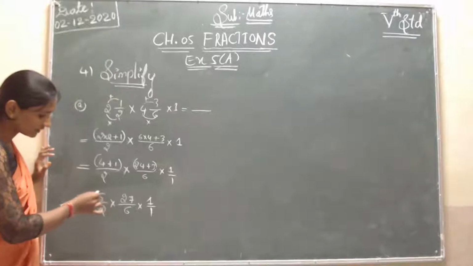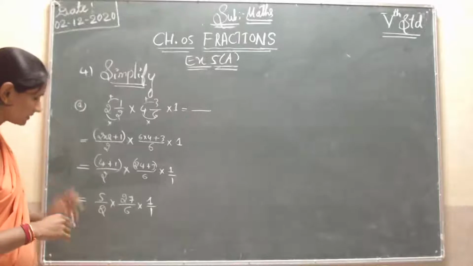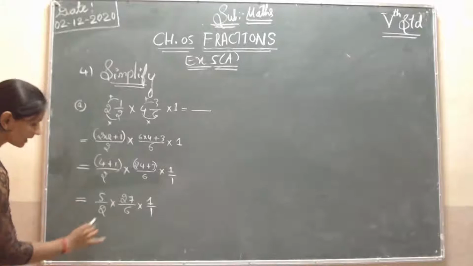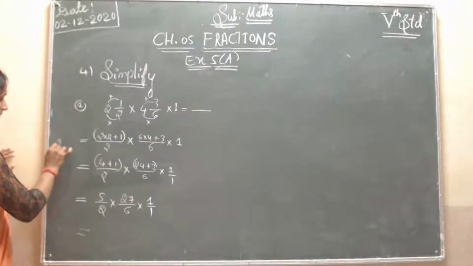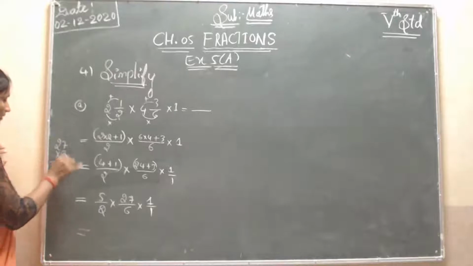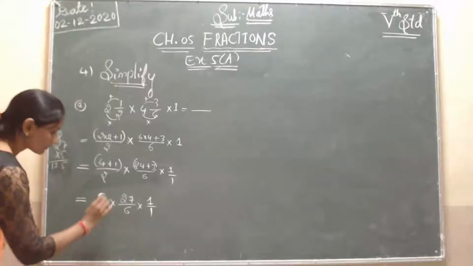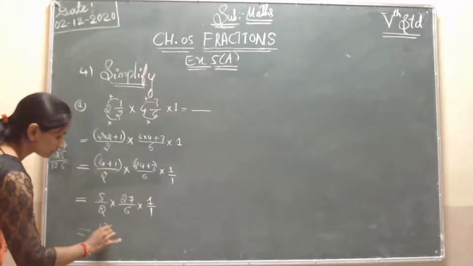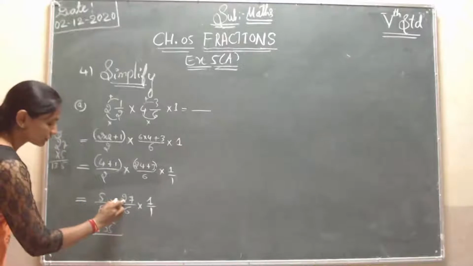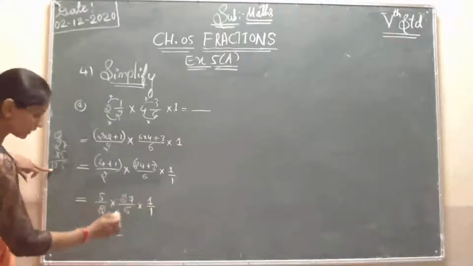First search for cross multiplication, because they are given odd numbers. Now multiply 5 into 27, that is 135. 135 into 1 is 135.